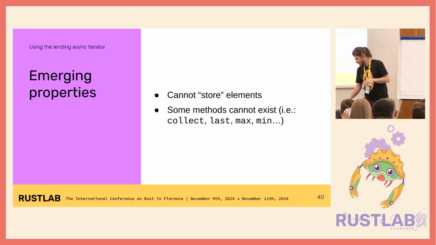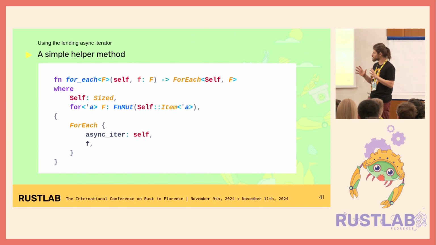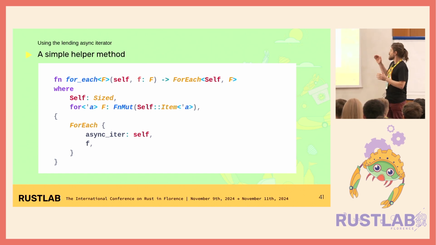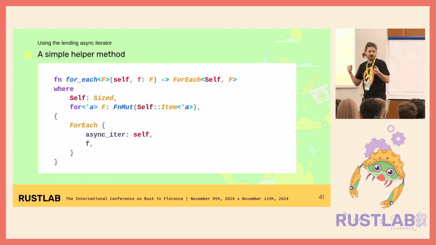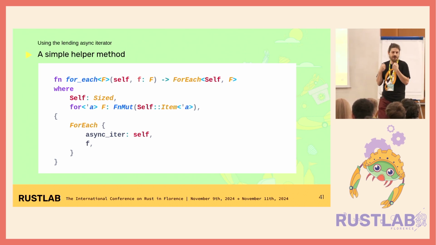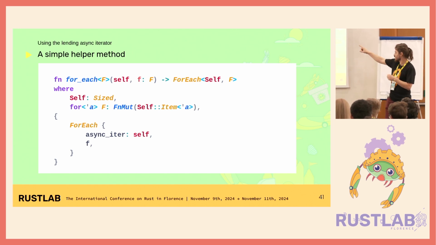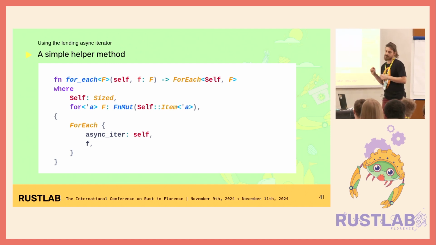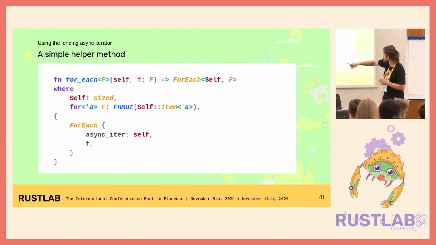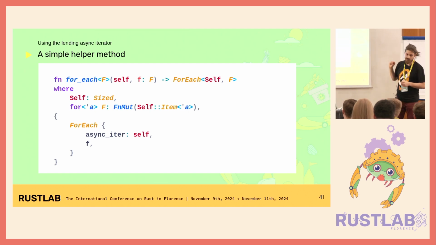But let's try to implement something, OK? Let's start with for each, because for each is pretty simple. We have this function that takes a closure, OK? The closure just takes the reference, the Self::Item. We need a higher-rank trait bound, the for<'a> right there, because we don't actually have a lifetime inside the definition of the function.